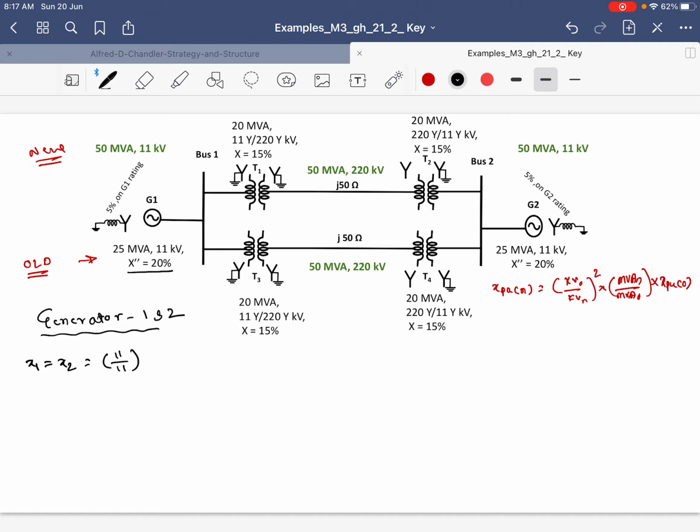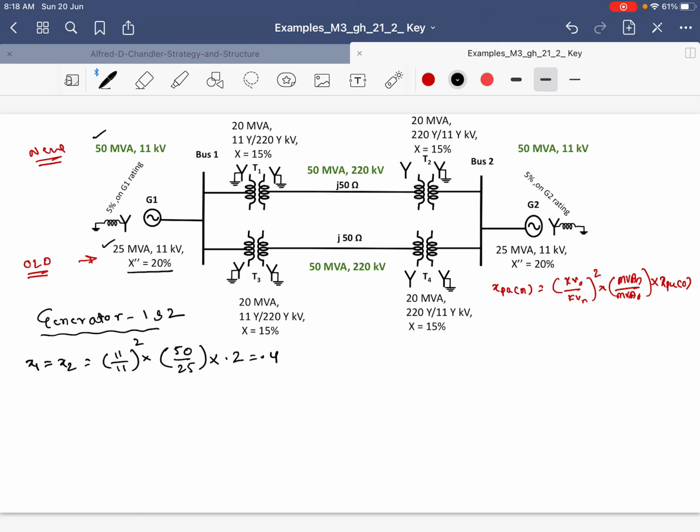That is 11 by 11 whole square, MVA new is 50, MVA old is 25, divided by 25, into old value 0.2. If you calculate, we get 0.4.